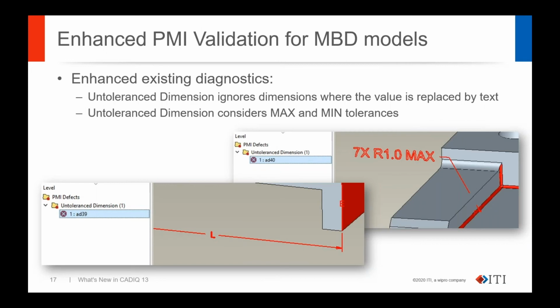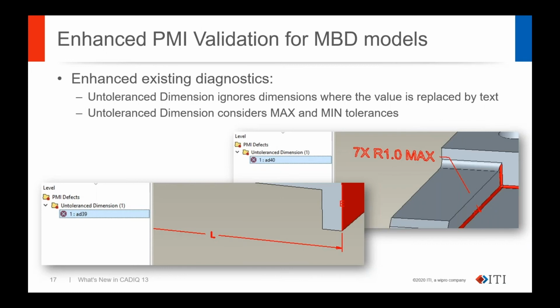There's a couple of edge cases where, particularly if you have a min or a max specified, you could say that's arguably including a tolerance. So in the past, those would be flagged, as you see in the image, as untoleranced, even though in that case I have 7x radius 1.0 max. Now CADIQ has been updated with the logic that if it sees there's a max or a min there, it's going to treat it as being toleranced and not flag it for this diagnostic.